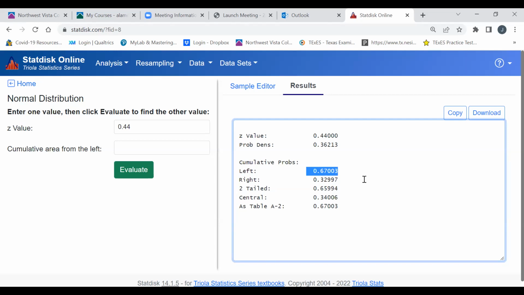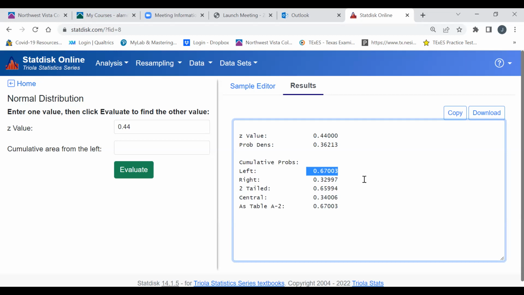But you're going to have to round that number. I'm going to write that number down: 0.67003. The rule is when you get your area, you have to round it to 4 places behind the decimal, to ten thousandths.